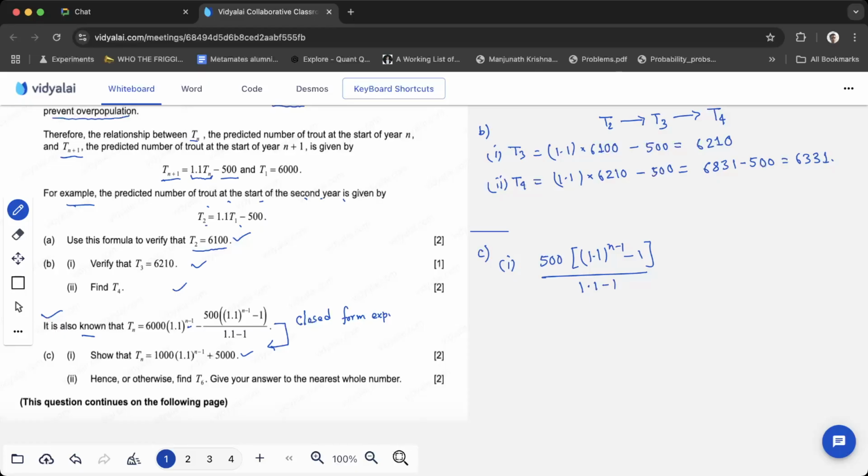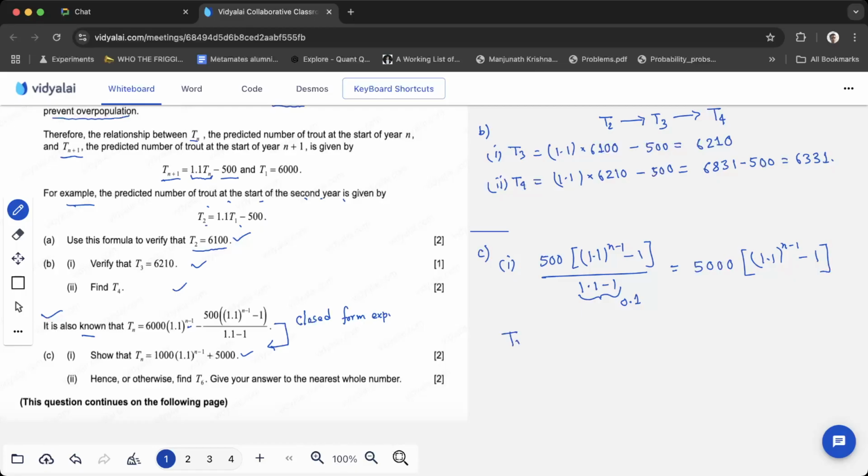Let's observe that the denominator here is 0.1. When you divide 500 by 0.1, there is an extra factor of 10 multiplied with 500 to give you 5,000. So we end up getting 5,000 × (1.1^(n-1) - 1).